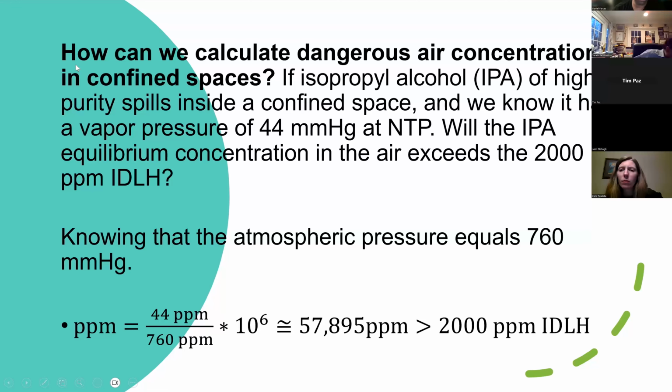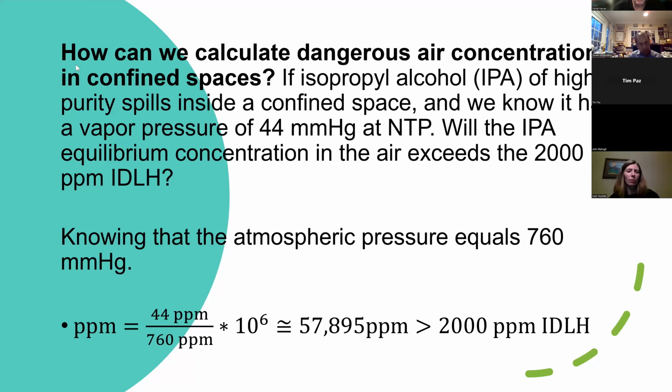So in this situation, we know the atmospheric pressure equals 760 millimeters of mercury, right? So the vapor pressure of isopropyl alcohol is 44 divided by 760.